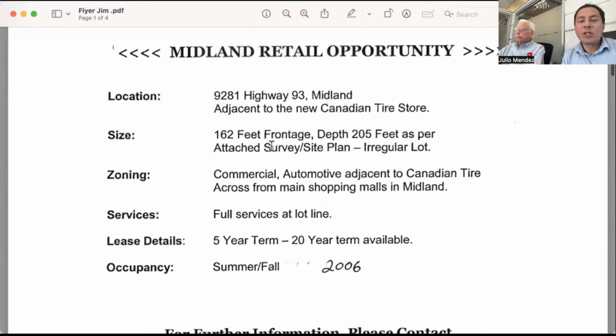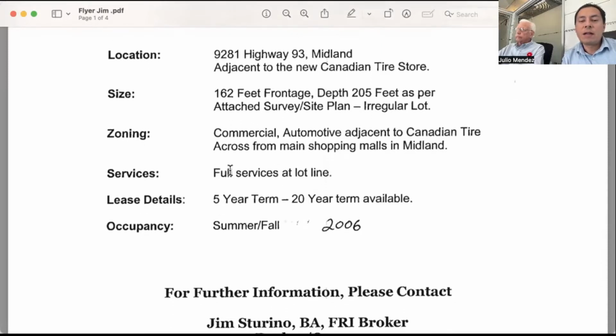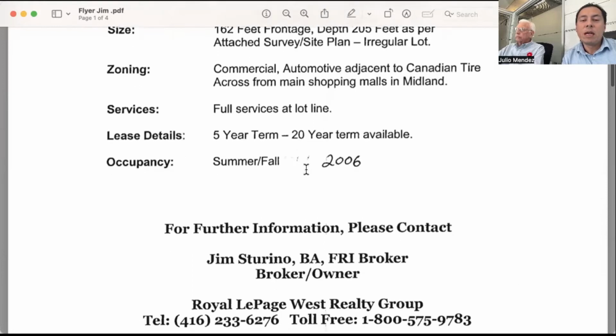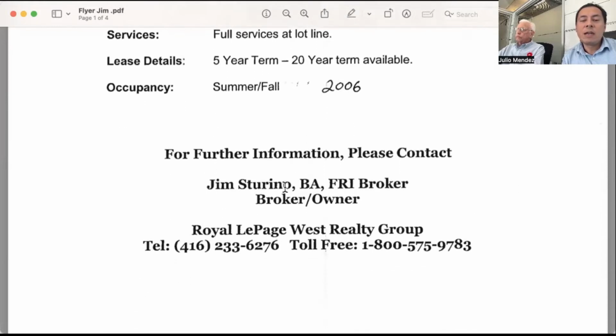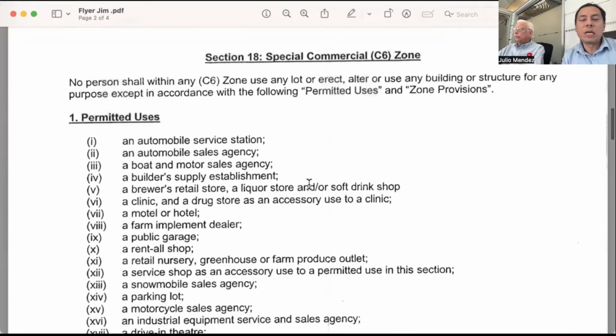So we had the location, the size, frontage and depth, zoning, commercial, automotive, adjacent to Canadian Tire, full services at the lot line, which lease, and then he put here the 5-year term with 20-year term available, and he put the occupancy, and then again his contact information for other brokers or potential tenants.